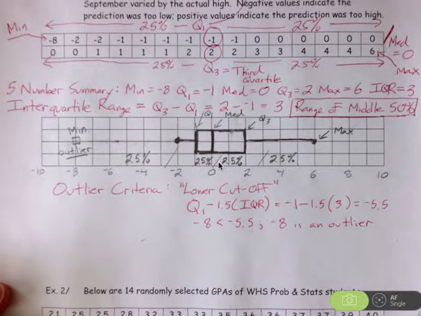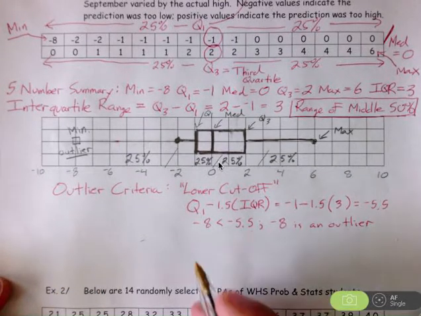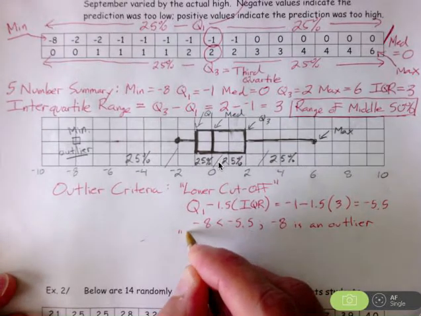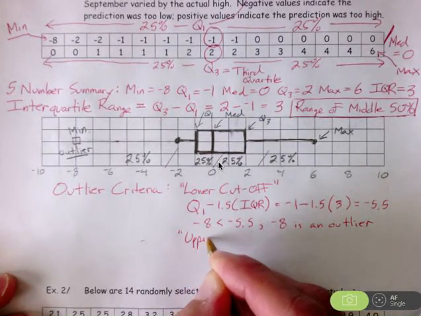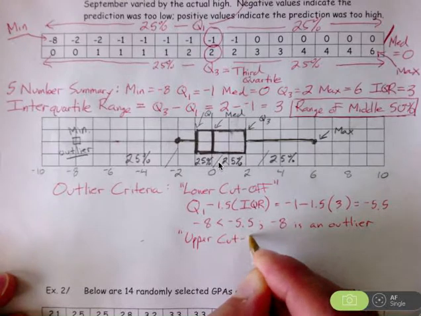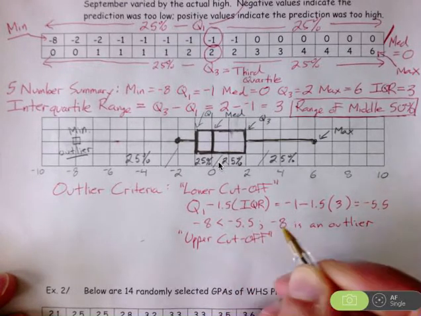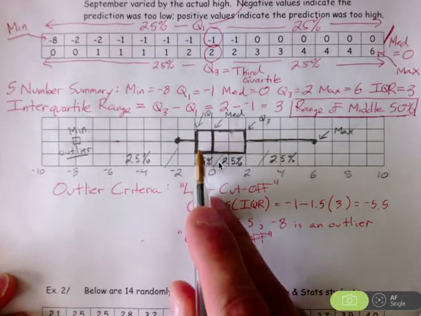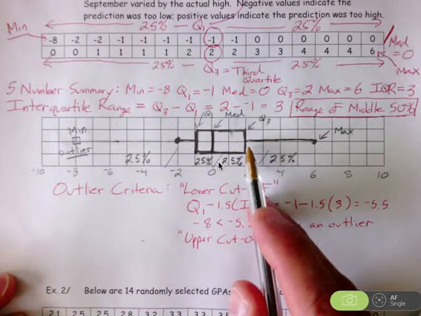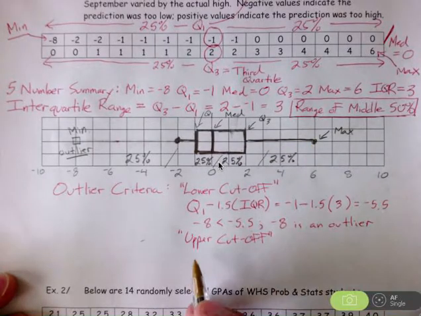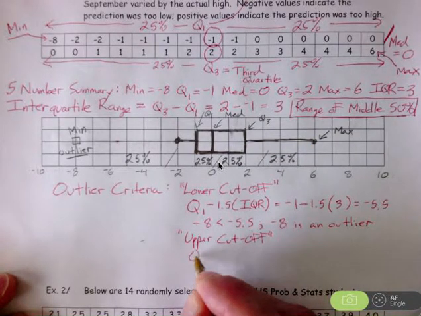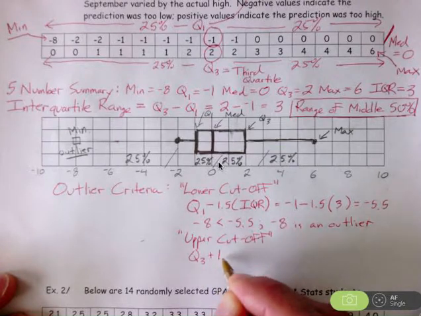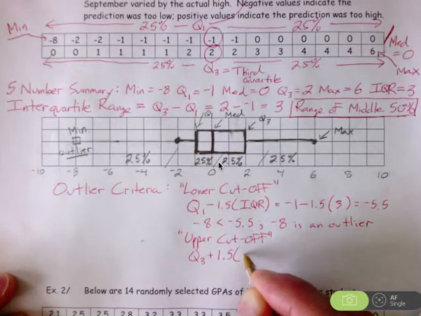So we can also have outliers to the right. It's very similar. I call this the upper cutoff. So similarly, instead of starting with Q1, we're going to start at Q3, and we're going to add 1.5 interquartile ranges above Q3, and that's going to make our upper cutoff. So Q3 plus 1.5 times the IQR.